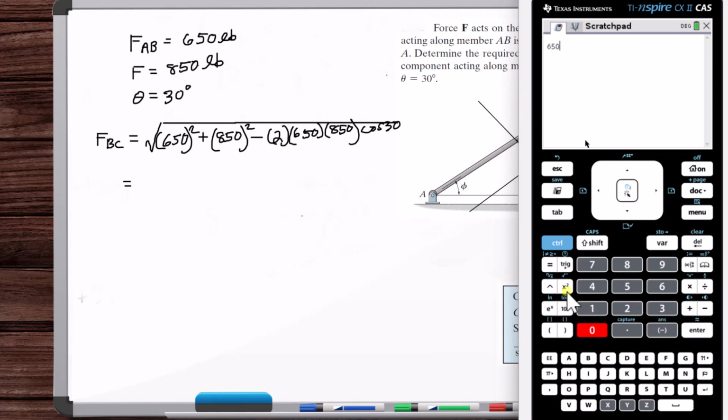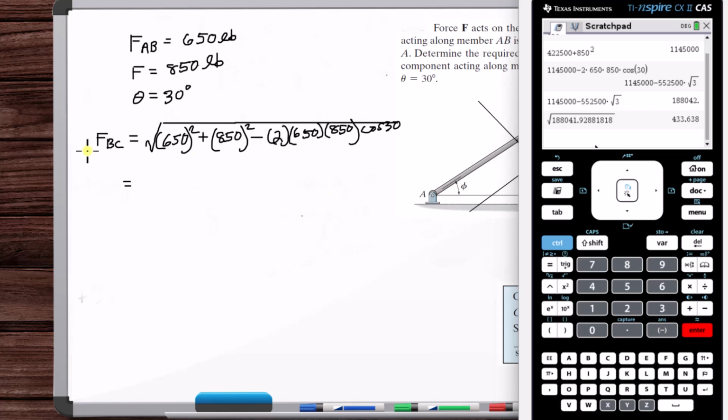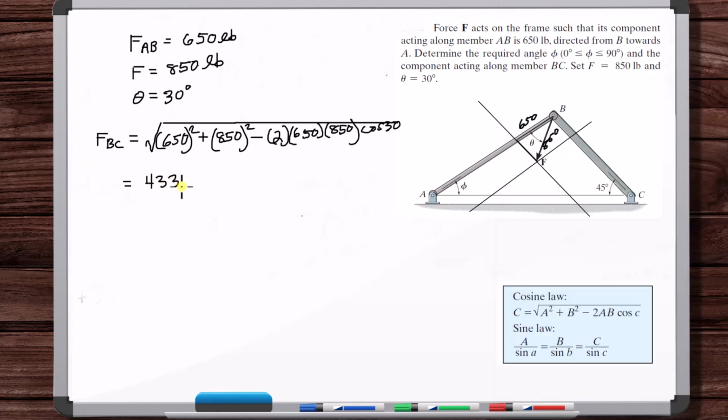So 650 squared plus 850 squared minus 2 times 650 times 850 times cosine of 30 gives 188,042. Okay, we've got to take the square root of that, which is 433.6.